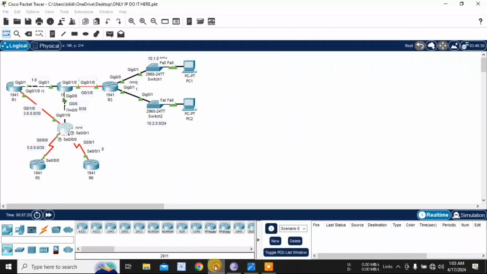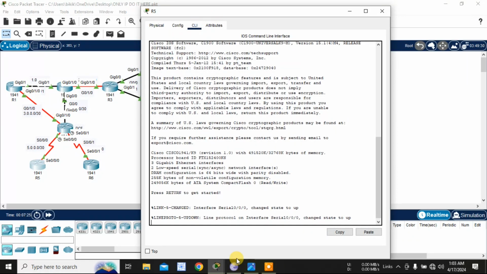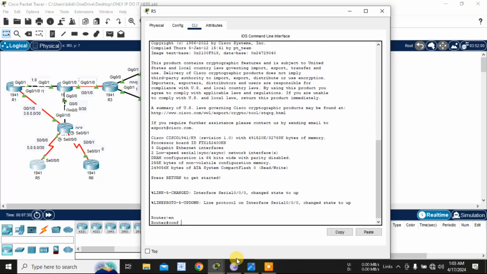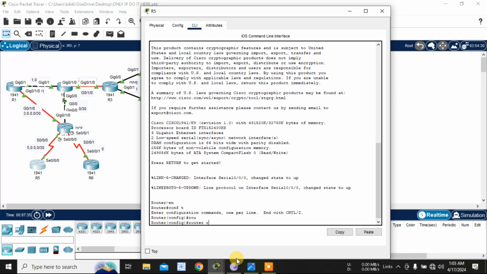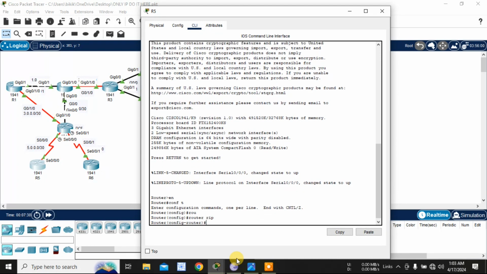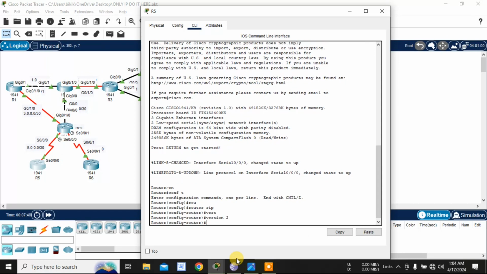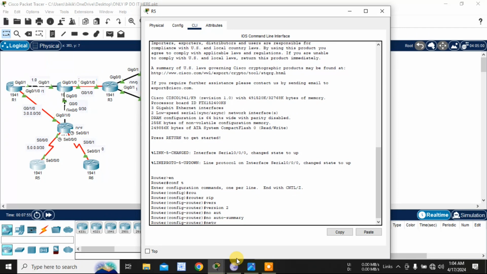Now let's move to router number 5. In router number 5: enable, config t, then router rip, version 2, no auto-summary, network.